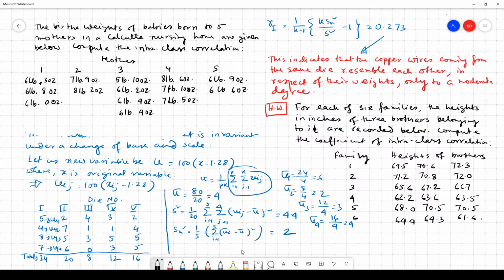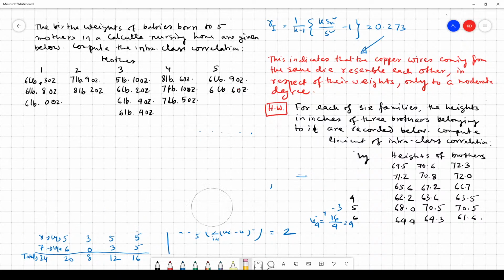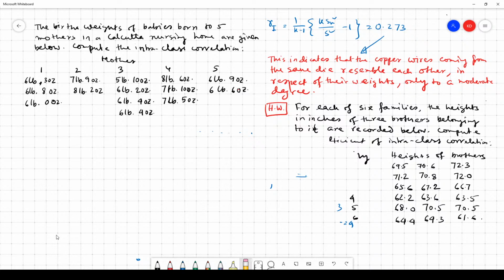Okay, and the last point I'm telling you, this intraclass correlation is very much used in medical science.